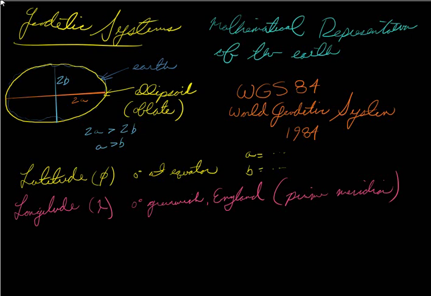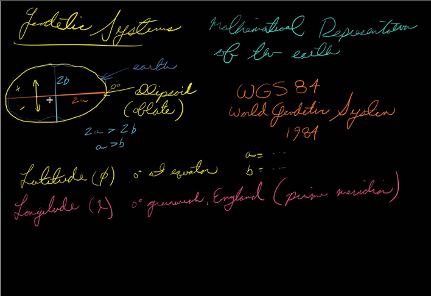Okay, so north for latitude, so this is 0 degrees right at the equator, and as you go north is positive, right? Positive. And then as you go south is negative. So, it goes up to 90 degrees, right?